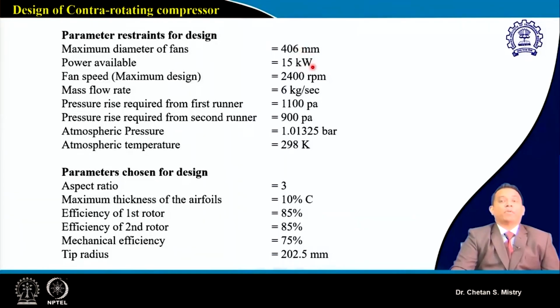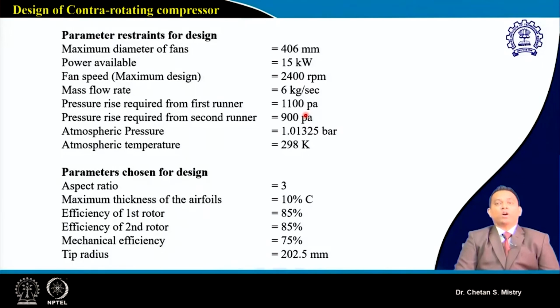The motors that are available are in the range of, say, 15 kilowatt. Rotational speed is 2400 rpm. Mass flow rate we have assumed as 6 kg per second. Now here there is one important aspect we need to realize: what kind of pressure rise we are expecting, because we have two different rotors.